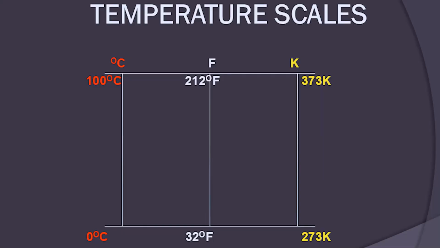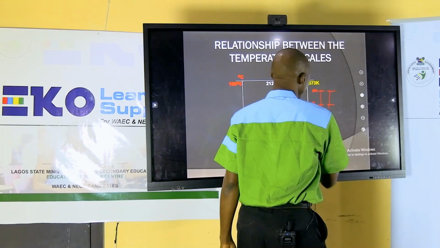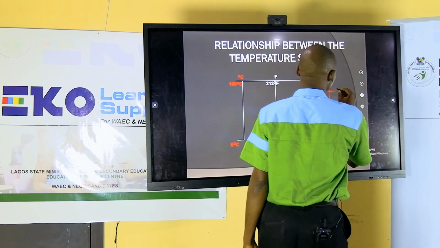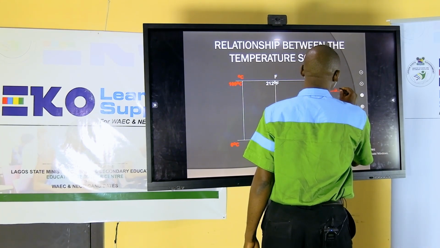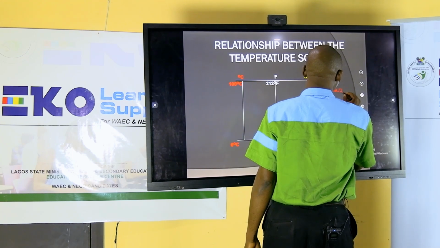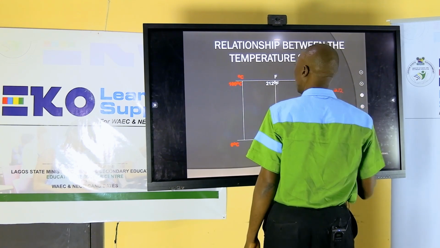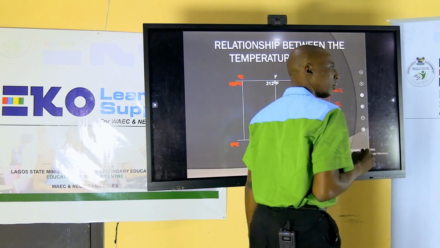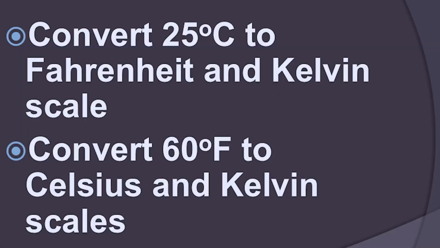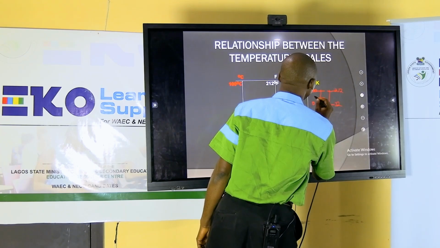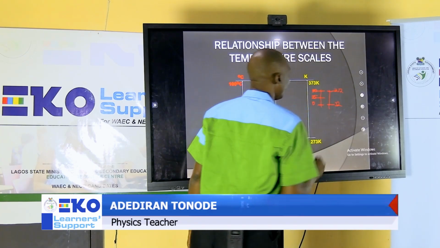I'll write the upper fixed point and the lower fixed point. Similarly for Fahrenheit, I'll write 212 and 32. Now the question talks about 25 degrees Celsius. We should convert it. So 25 degrees Celsius is above 0 degrees. I'll put it here, 25.